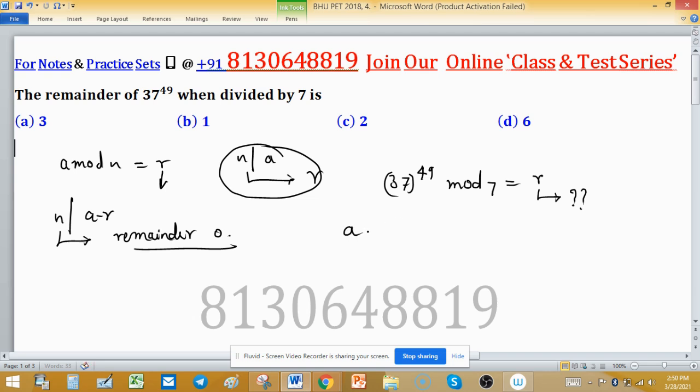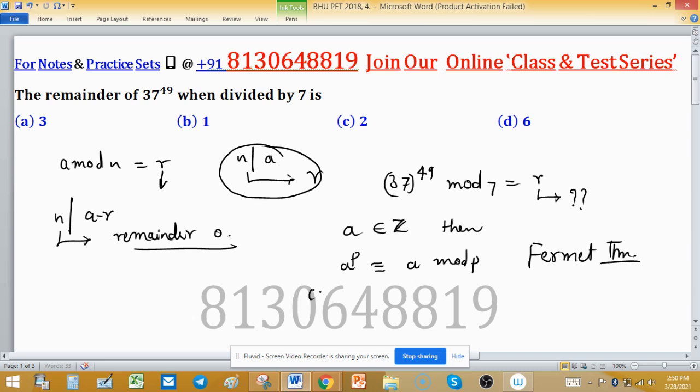If a belongs to the integers, then a raised to the power p is congruent to a mod p. This is the well-known theorem, Fermat's theorem.